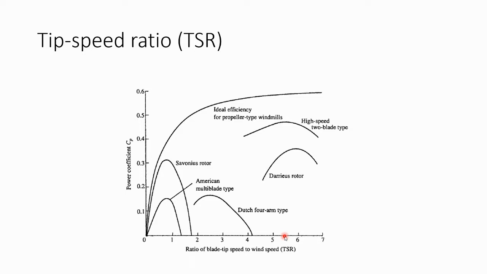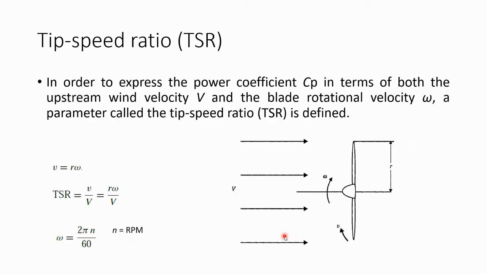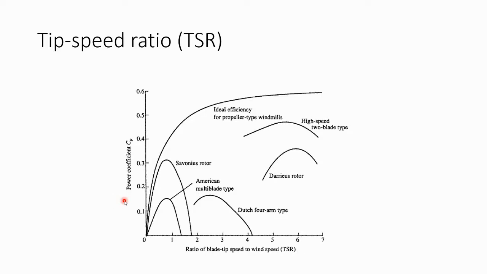R is the radius of the blade, or you can also adjust the design of the blade. Okay, you can either increase the velocity or reduce the velocity depending on the radius of the blade. And then incoming wind velocity we cannot control, the capital letter V. We can only control these two things. R is fixed once you have designed it, and omega is something that we can change throughout our operation.